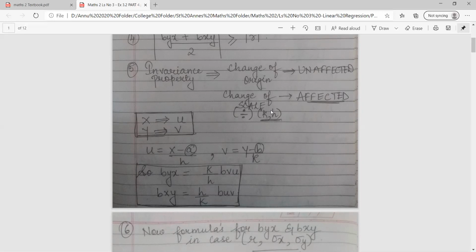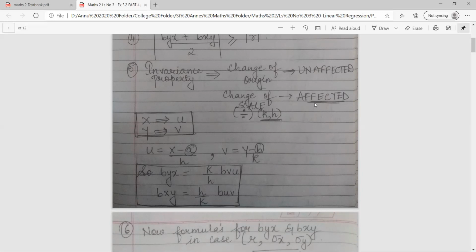Now, what do you mean by change of scale, class? Change of origin means when I'm subtracting values, just say x minus a or y minus b. In this case, a and b are those numbers which we are subtracting. Change of scale is when I divide by something, that is in the case of H and K, then my regression coefficients will be affected.